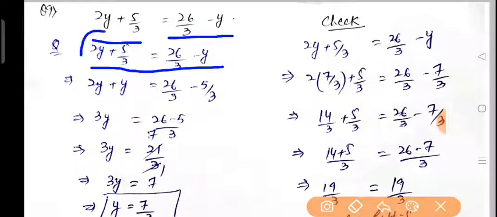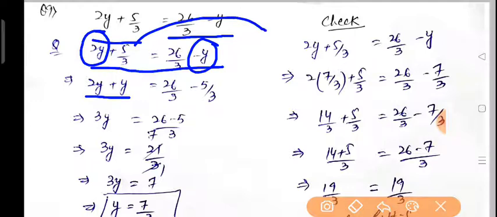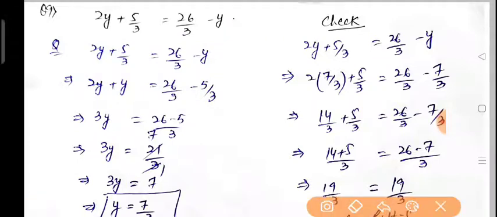Then 2y is a variable, and I transpose this minus y to this side, it becomes plus y. 26 by 3 is a constant, and I transpose this term to the right hand side with change in its sign, that is minus 5 by 3. Then 2y plus y is 3y. I do not need to do the cross multiplication on the right hand side because the denominators are the same, most welcome.